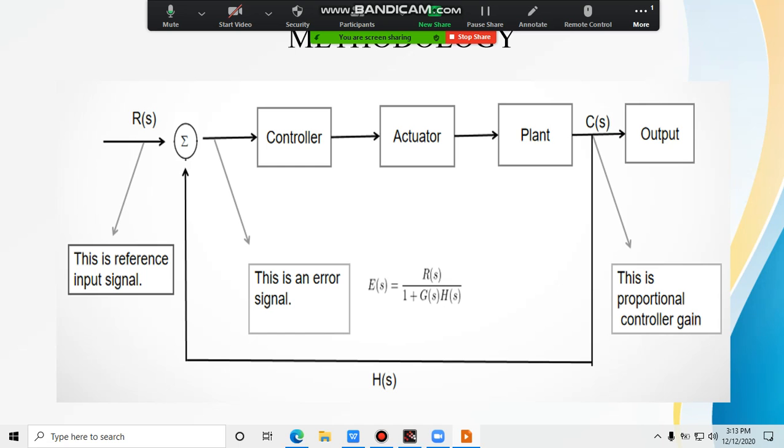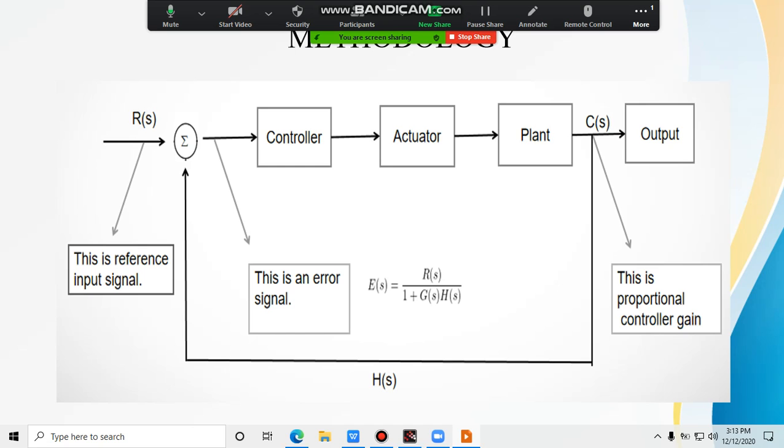So we go through to the methodology. Here we can see the controller, actuator, plant, and the output.